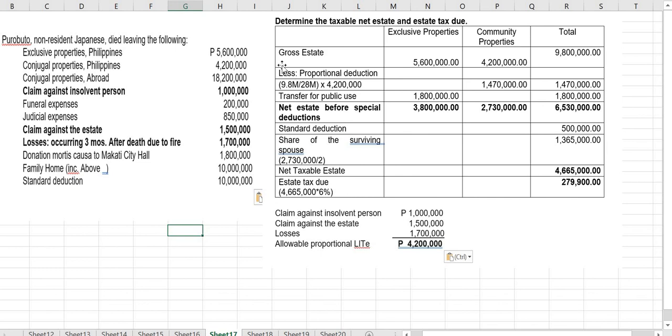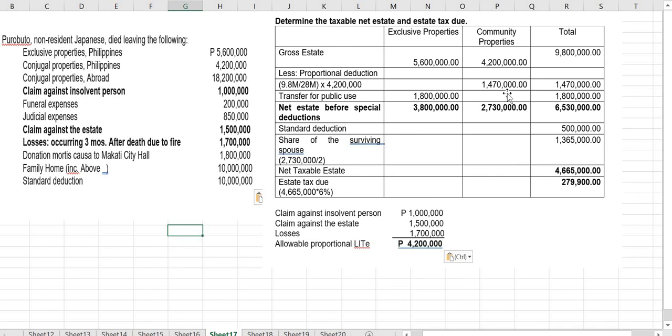So 9.8 million, why 9.8? That's actually the gross estate in the Philippines, 5.6 plus 4.2, over 28 million. That's the sum of the exclusive property and conjugal property within the Philippines plus conjugal properties abroad, which is 18.2. So the sum is 28 million, times our allowable deduction that is prorated, 4.2 million. So you deduct it from the community property.